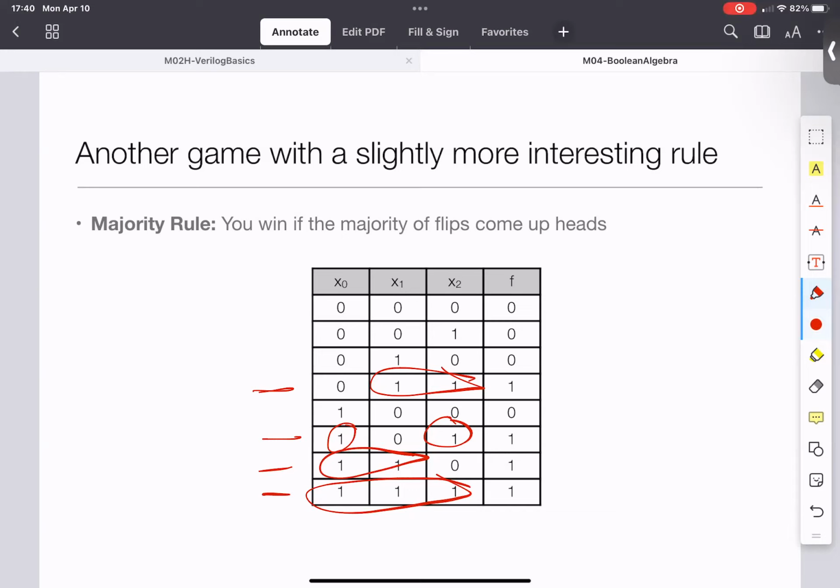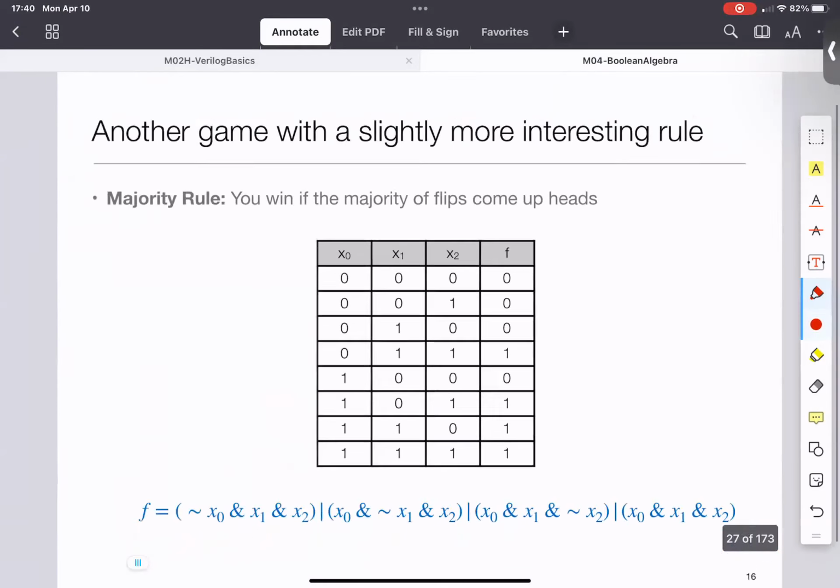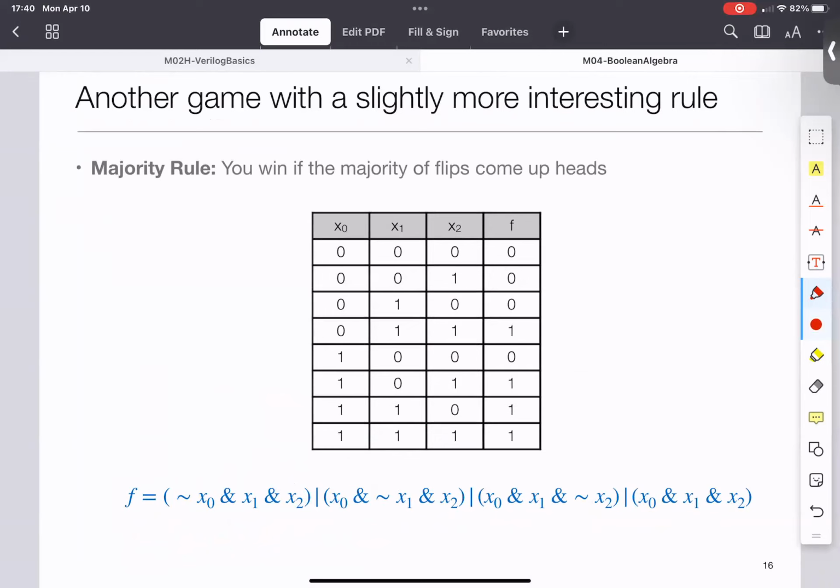There's nothing specific about it, although you might imagine something like this might be part of some game where I want the majority to be high. Okay, so that's another example. I can write it as a function.